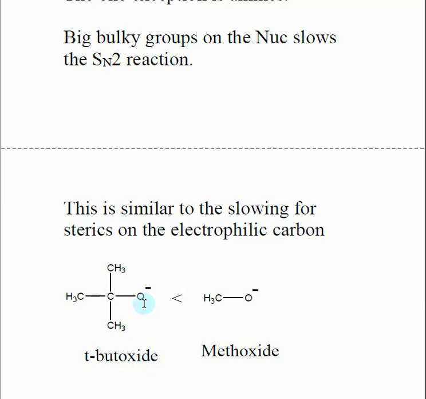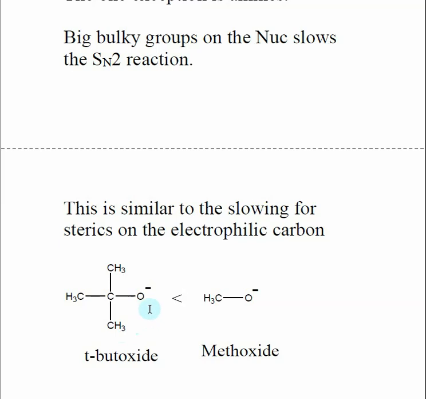T-butoxide is a specific type, and here it's got these big bulky groups. So when we compare t-butoxide and methoxide, t-butoxide has a lot more sterics to it. By sterics, I just mean there's a larger group. This is going to have an effect on our reactions, and we're going to exploit this to cause a specific reaction to occur.